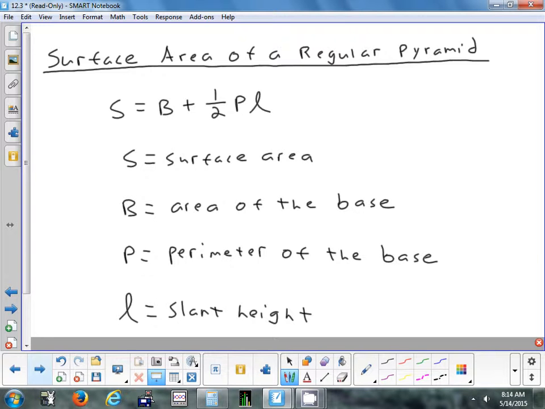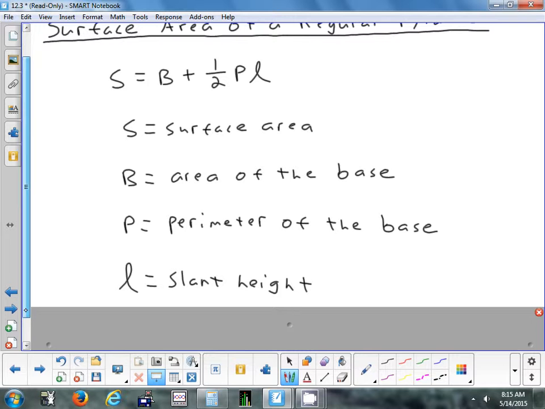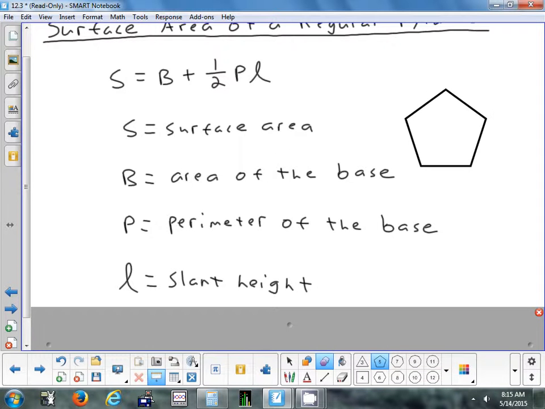The only thing you need to be able to figure out is the area of a base. If the base is a shape you're not familiar with, you might have to look that up. If it's a hexagon or an octagon, and you don't remember the formula for the area of an octagon, there is a formula. Just look it up. You can find it. Once you know a little bit of trigonometry, you might be able to figure something like that out without looking it up.